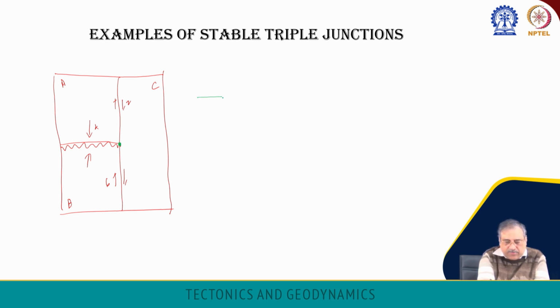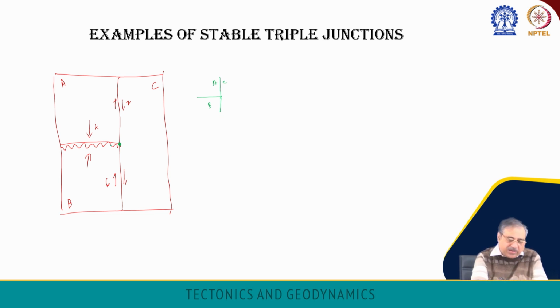The AC boundary is this way, and the BC boundary is just a continuation of the AC line. So this is AC, this is AB, and this of course is B and C. So in this configuration, you have one making a right angle with these two. The AB boundary makes a right angle with the AC and BC boundaries. This is the configuration.